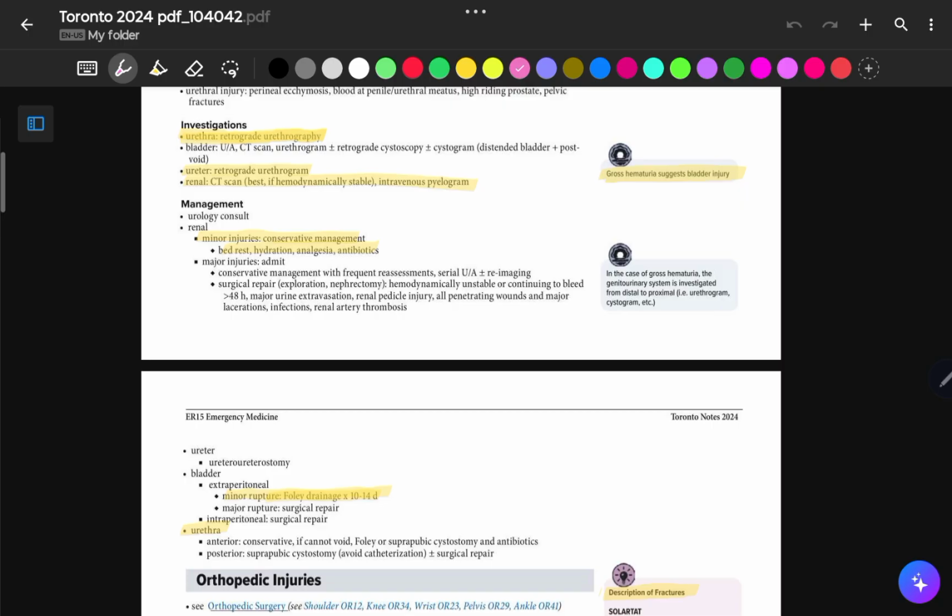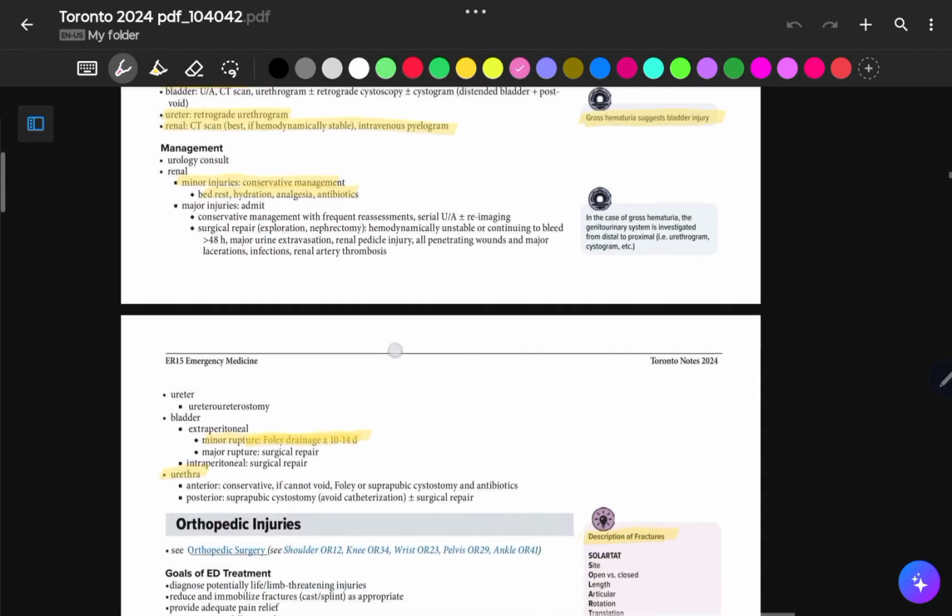For the urethra, you use a retrograde urethrogram as well. For your kidneys, you use a CT scan, which is best if the patient is hemodynamically stable. Gross hematuria suggests bladder injury, so if a patient presents with gross hematuria, think about bladder injury.